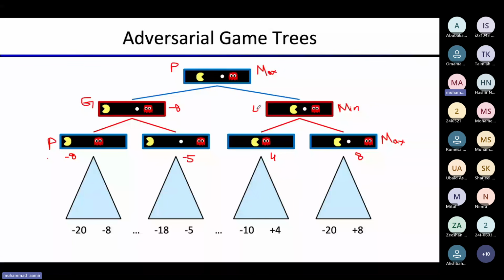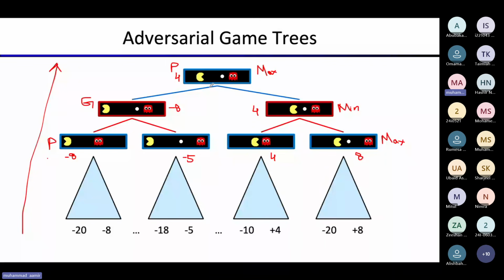This is again the max move, right? So you will get the 4 value here. Out of the -8 and 4, you will get the max value, and that is 4. And on the basis of this value, when you have gone from bottom to top by passing all the values of the terminal states upwards, now you can decide which move Pac-Man should take.